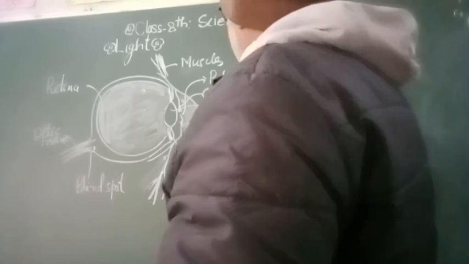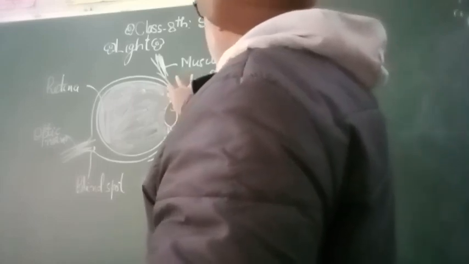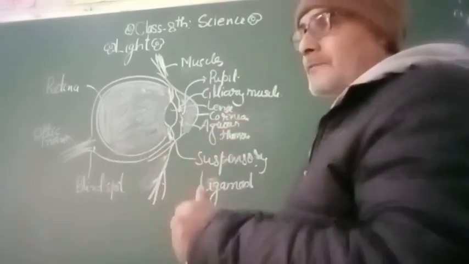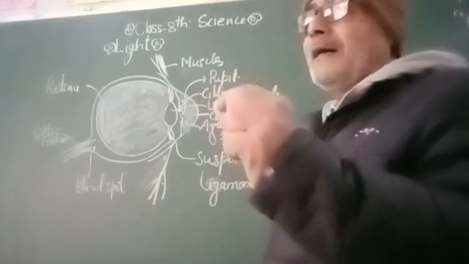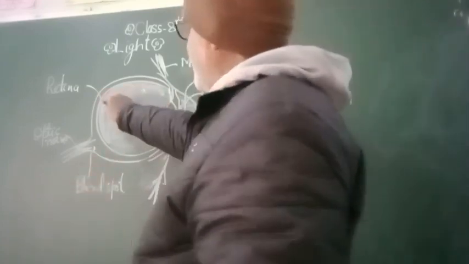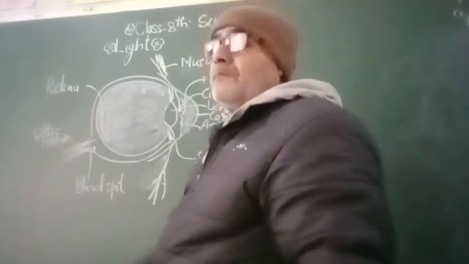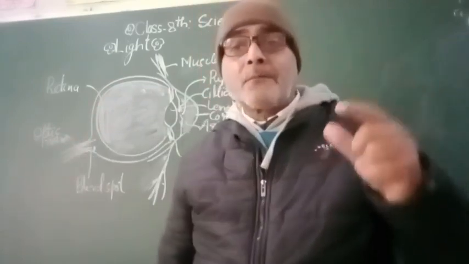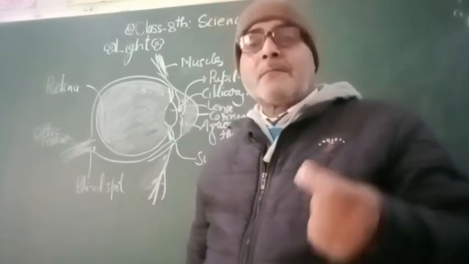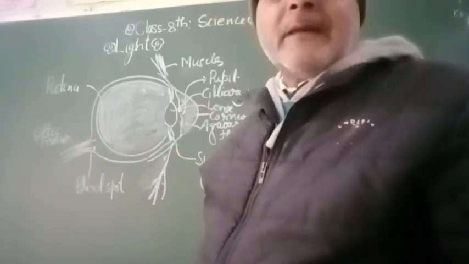Inside it there is the lens, adjusted with the suspensory ligament, and the pupil, which permits the amount of light to reach the lens for image formation on the retina. This is the retina. The optic nerve receives the image and transmits it to the brain, by which the brain can read the image.